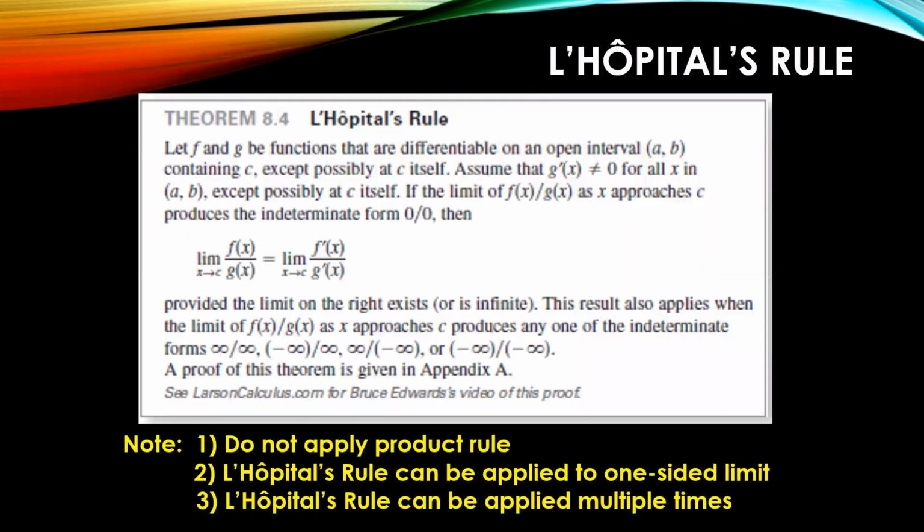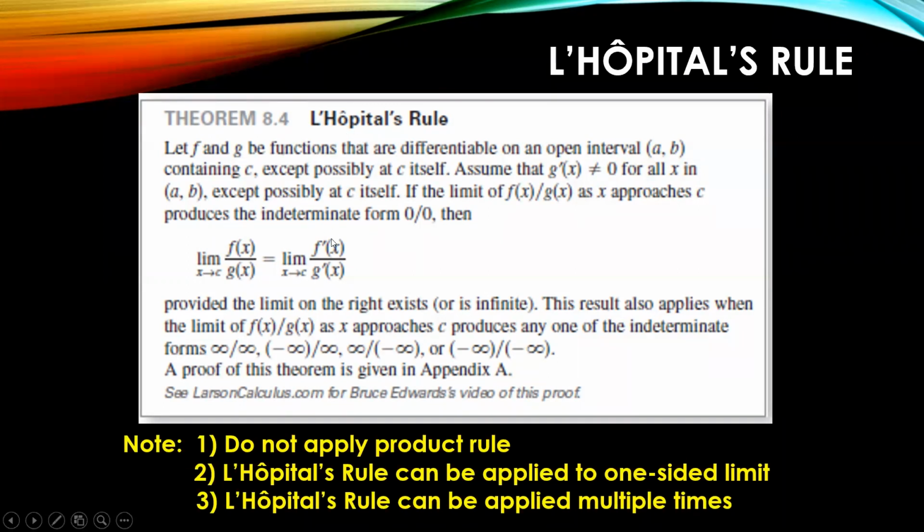Okay. We'll be going to L'Hopital's rule. So let f and g be functions that are differentiable on an open interval. Whenever you reach 0 over 0 or infinity over infinity, what we can do is apply L'Hopital's rule. So what is L'Hopital's rule?